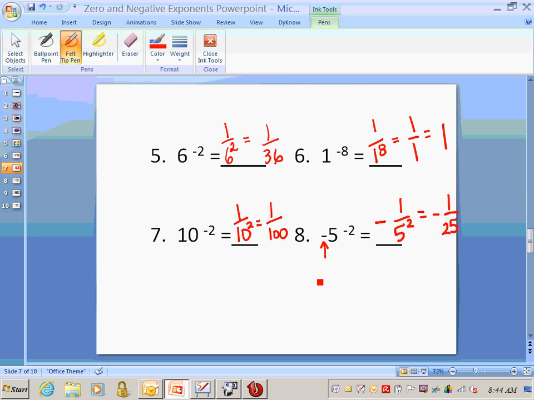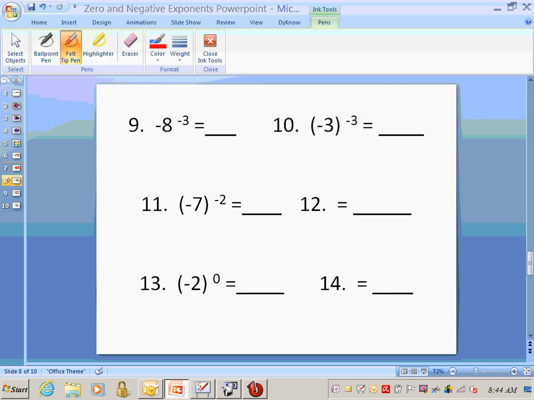Okay? Number 9, how would I rewrite this? 8 cubed, right? We'll leave it like that. Okay, number 10, how would I fix this one?